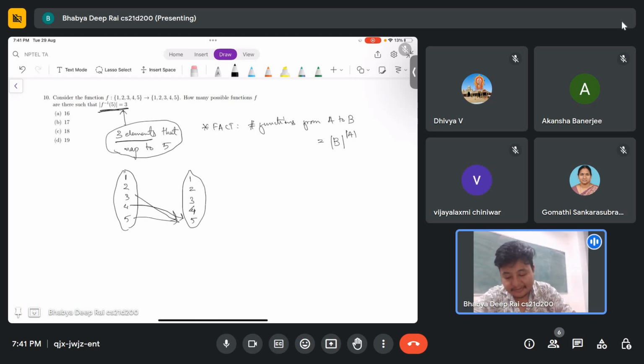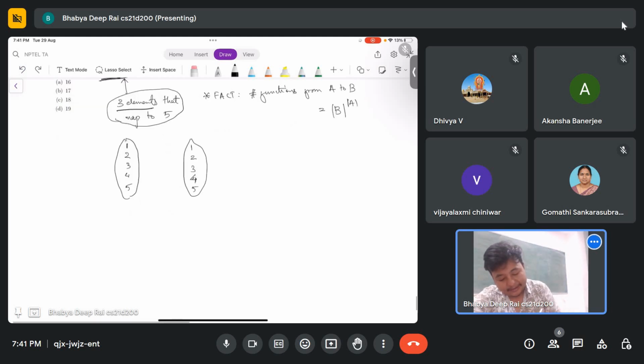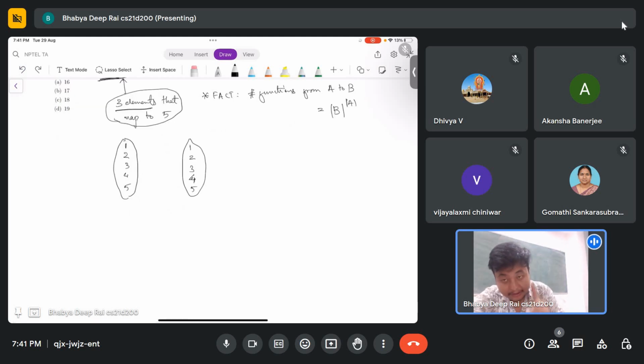So such cases may happen. You need to count those cases. In other words, I need to choose the elements which map to 5.